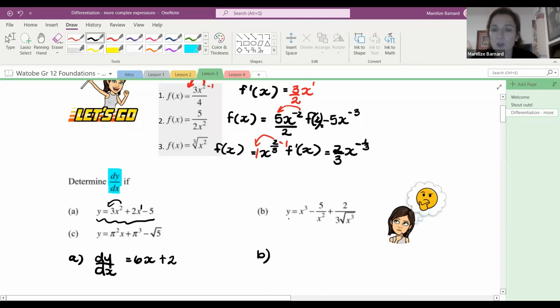Otherwise, for those of you who are still getting used to differentiation, you can just try and write this in the correct form with all the x's above the line, so no x's in the fractions and no roots. Okay, so let's take till 20 past to try and figure that out, and then we'll see what the answer is. And as always, don't be shy to put your answers in the chat.